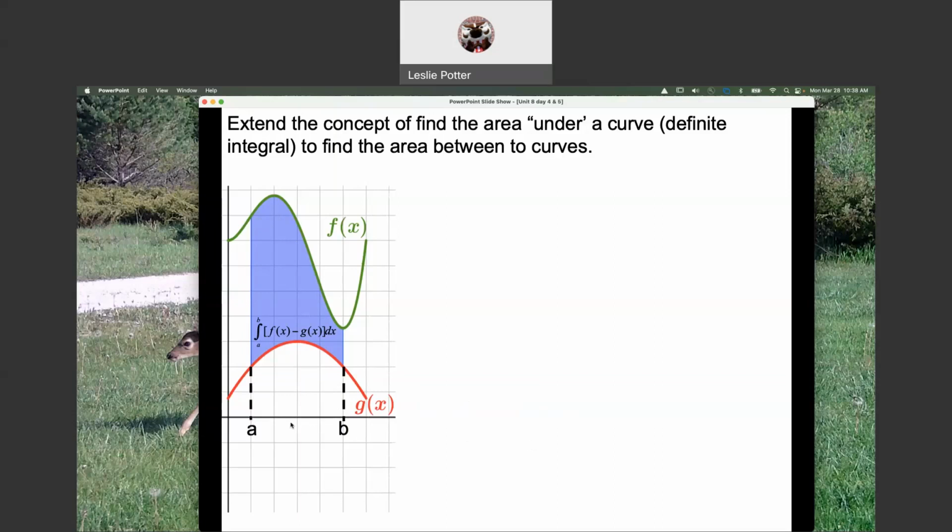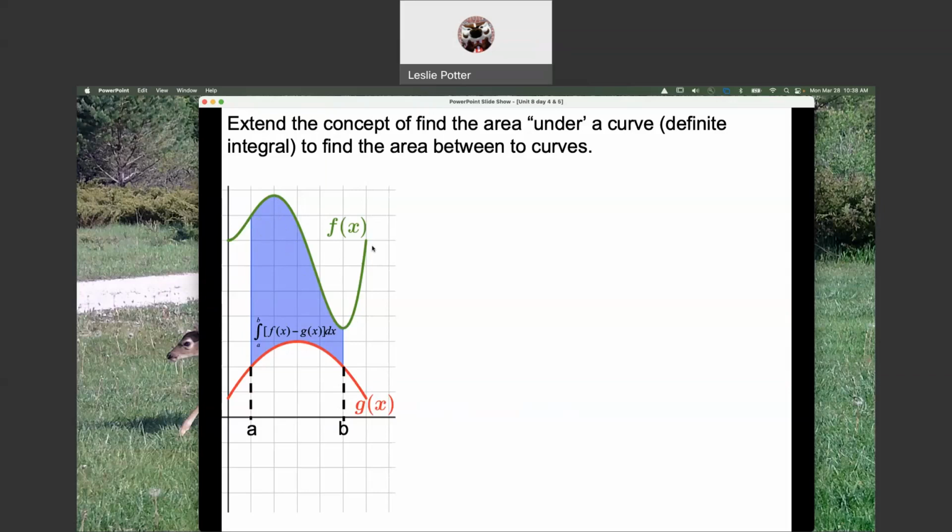So when we talk about integration applications in calculus, we can say things like, hey, maybe f of x is the rate at which snow is falling in a snowstorm. So snow comes down really heavy here for a while and then kind of tapers off, and then it picks up again.